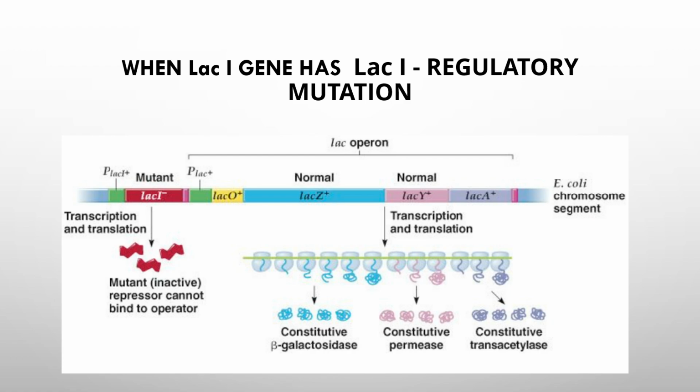But when lac I gene has lac I minus mutation, then in that case the mutant repressor cannot bind the normal lac O plus, and thus there is the successful binding of RNA polymerase on promoter region and the transcription continues.